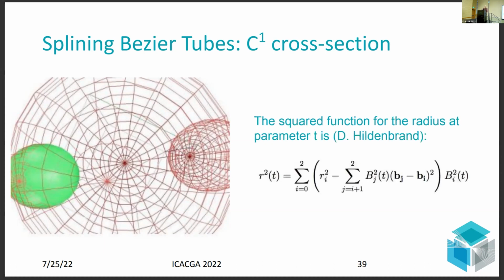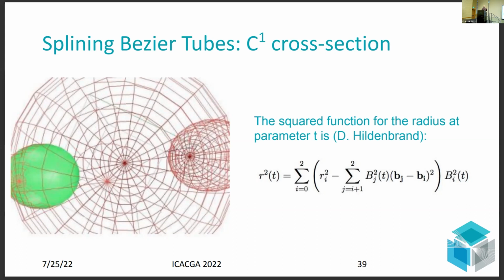But he was looking at the radius squared. And so I thought, this is nice because you've got a polynomial form for the radius squared, which is the area of your tube. But you may not be aware of it, but designing tubes is big business in this world.